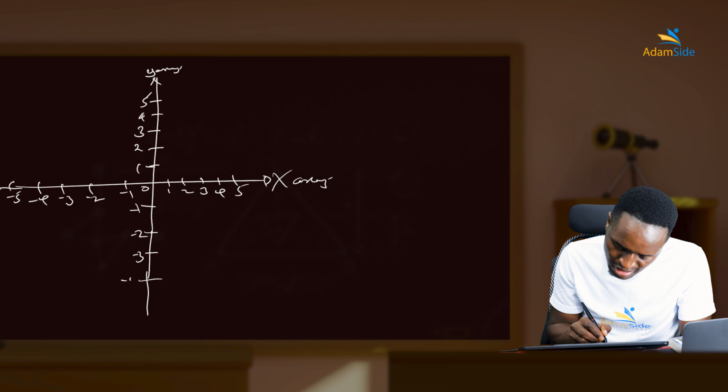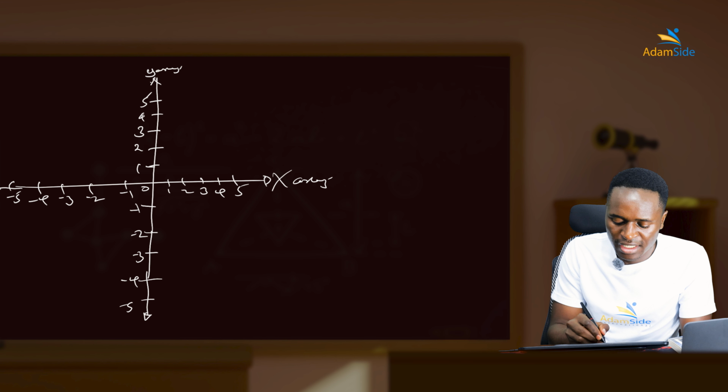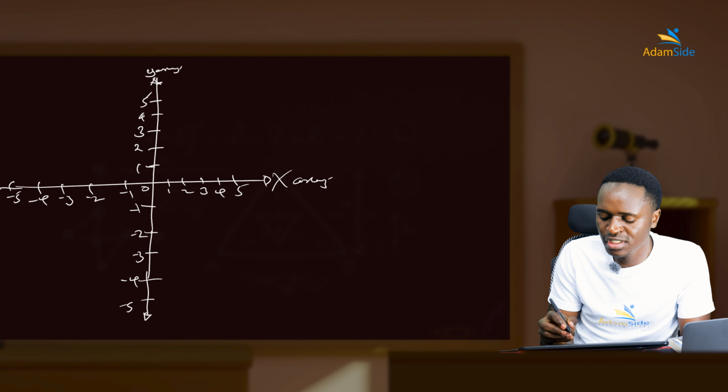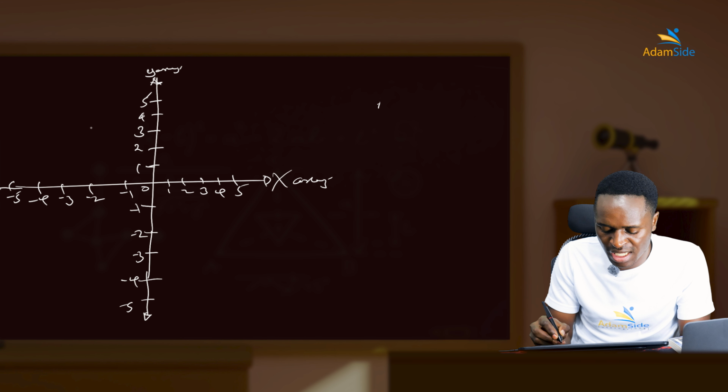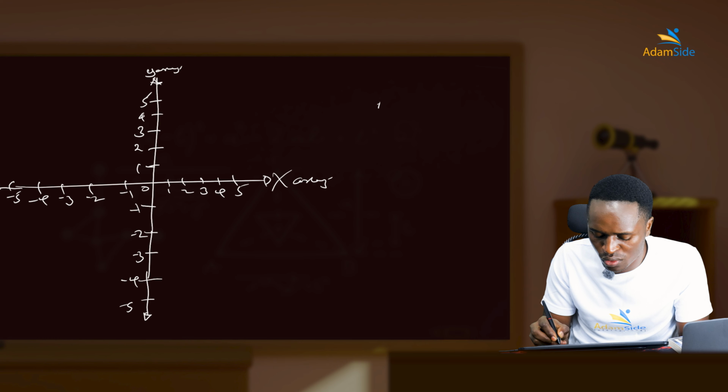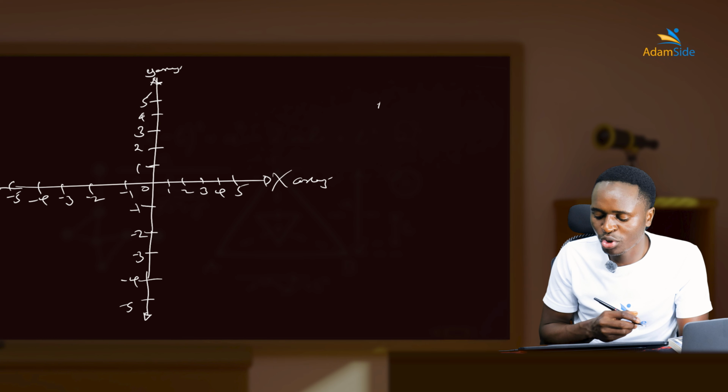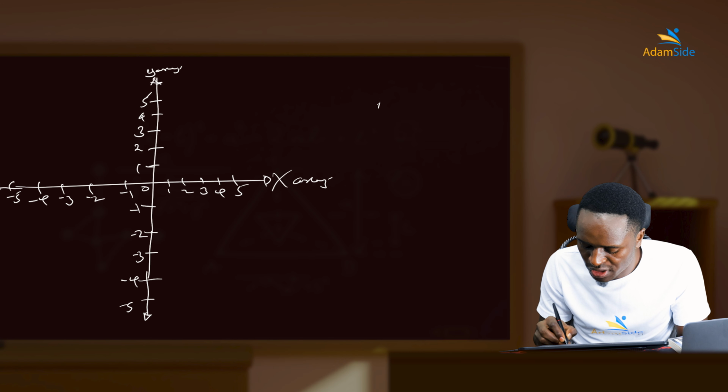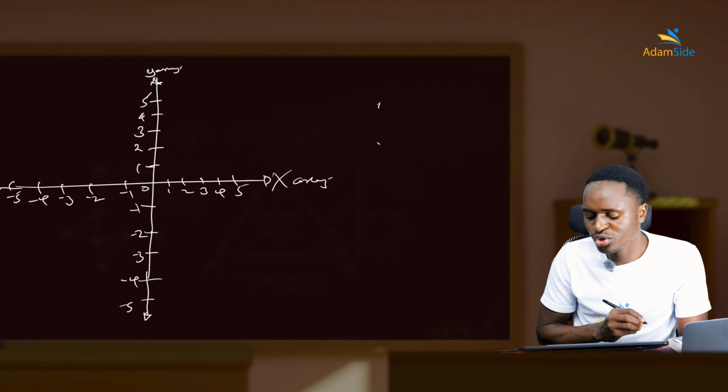Anything less than 0 is negative. Now you're told to plot, let's say, point A at (-2, 5). How do you plot? And maybe point B at (5, -7). How do you show that?